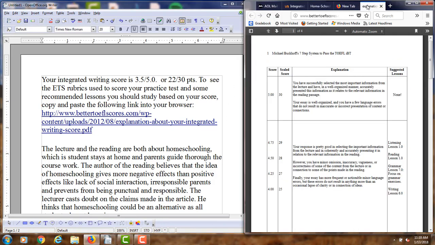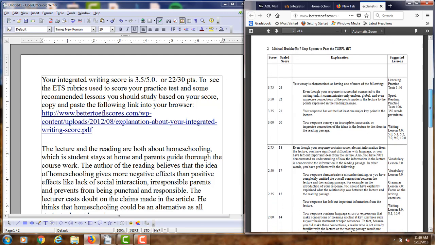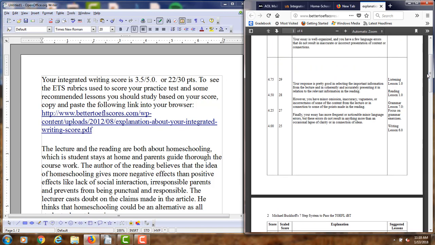Okay, so first of all, if we look at the rubrics, I think you probably could do a little bit better, maybe in one or two cases, in improving your connections between the reading and the listening passage, though you have done a good job overall with that.